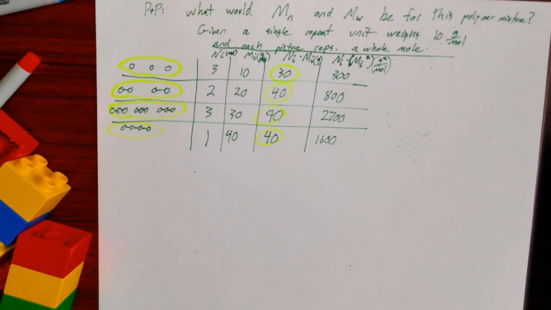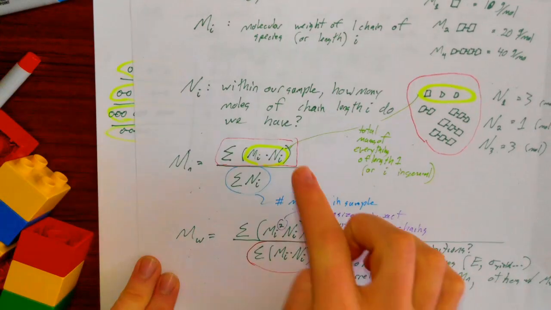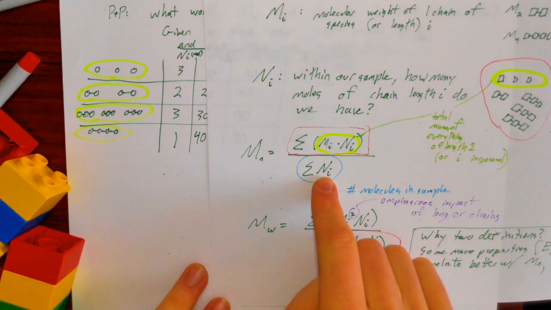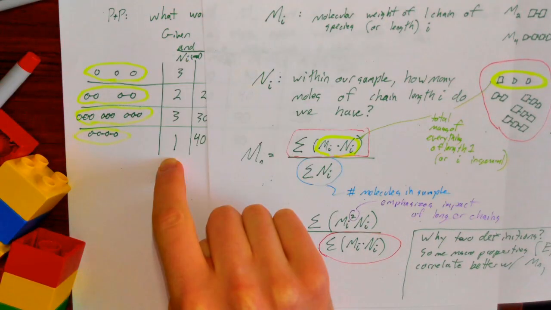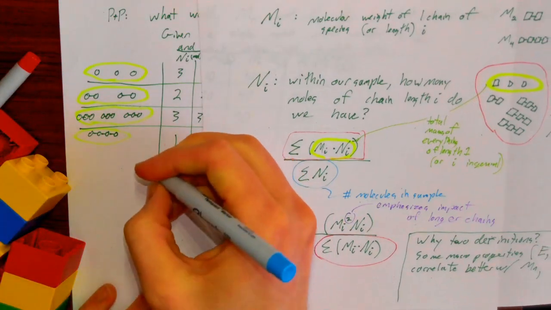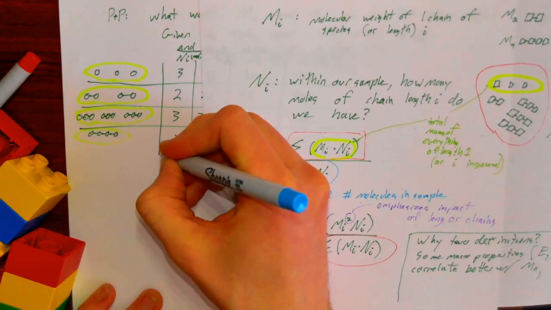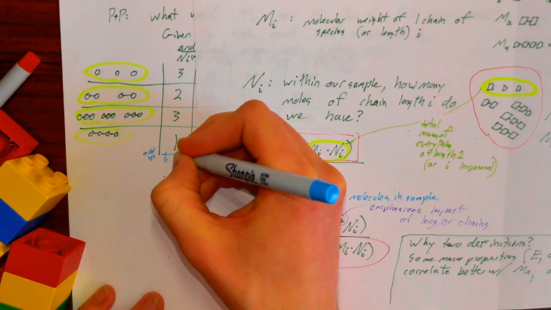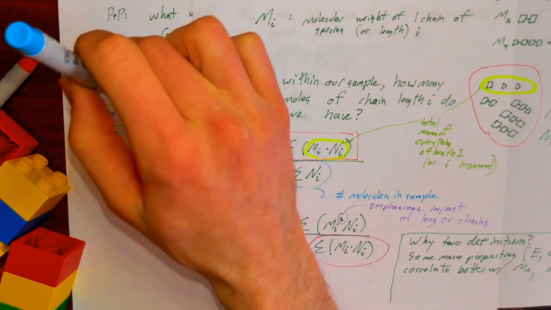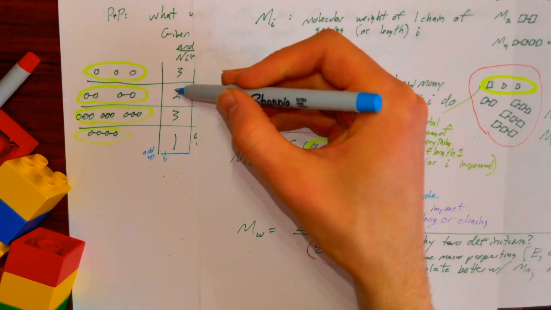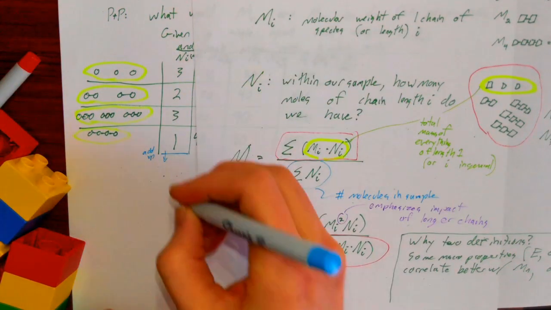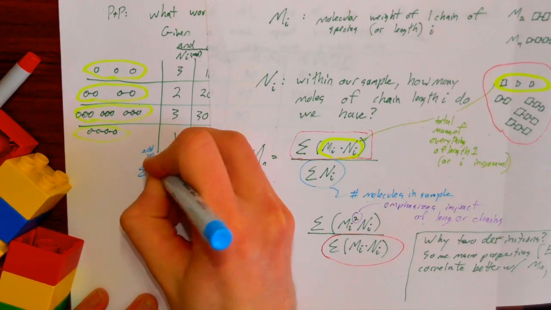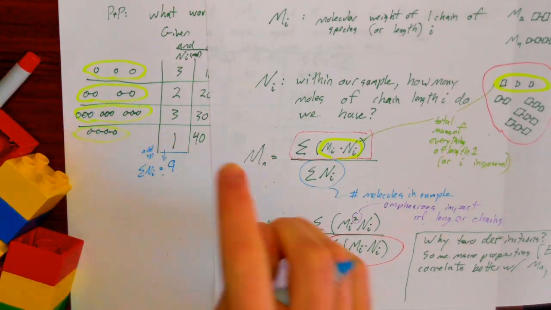Now, if you remember, M sub n and M sub w basically have sums of each of these quantities. The sum of n sub i is what I get when I add up this column. If I add up all of the n sub i's, this is the total number of molecules. So it's 1, 2, 3, 4, 5, 6, 7, 8, 9. The sum of n sub i is equal to 9.